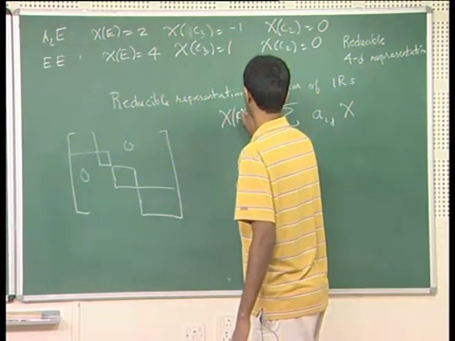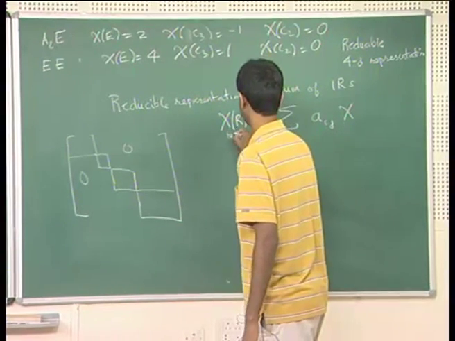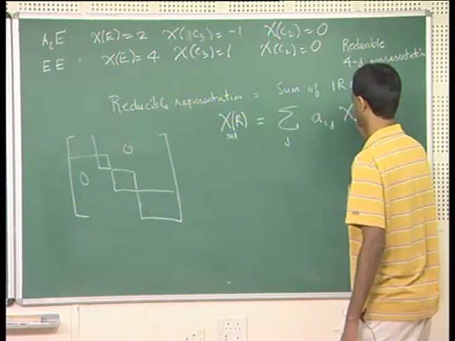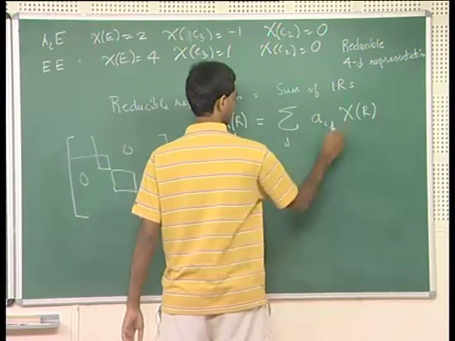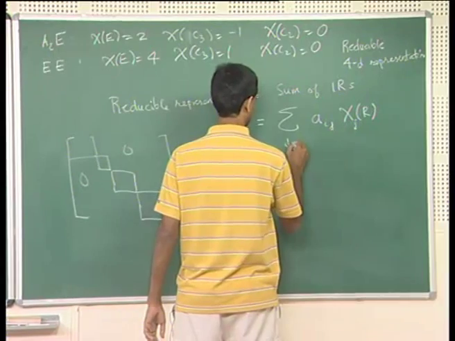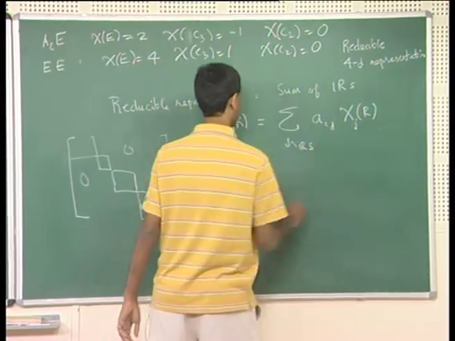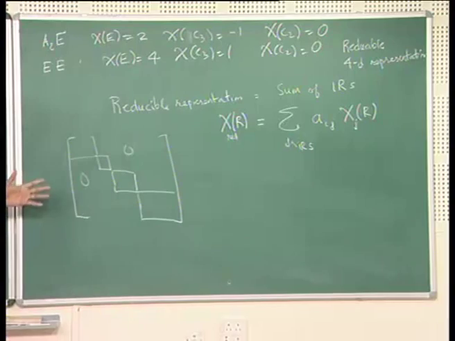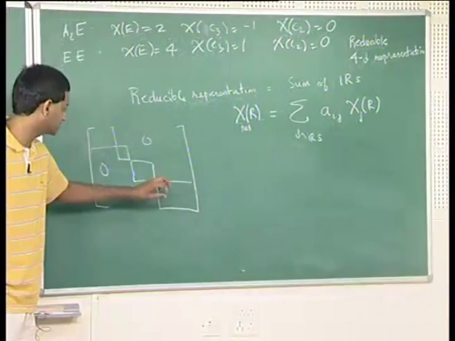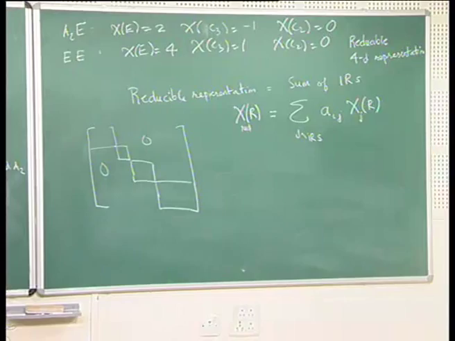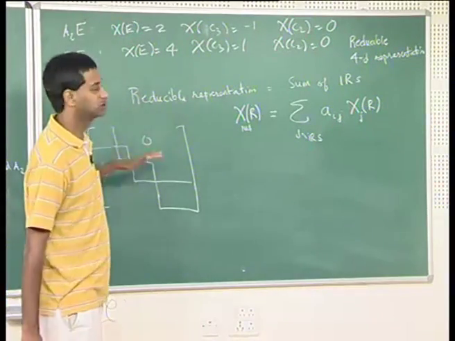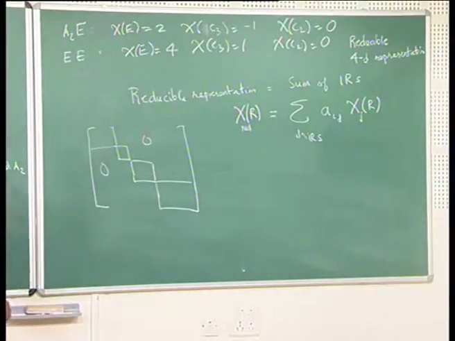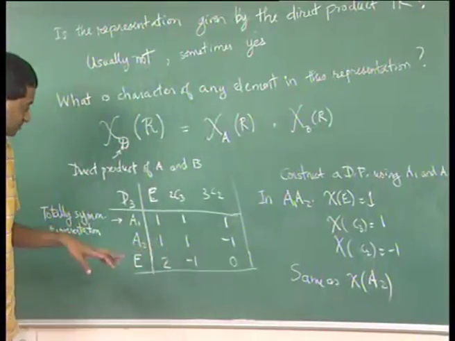We had the expression that the character in the reducible representation is the sum over all irreducible representations of chi of R. So on the one hand, you can take this reducible representation and write it as a sum of irreducible representations. On the other hand, you have this reducible representation which you can factor out as products of irreducible representations.